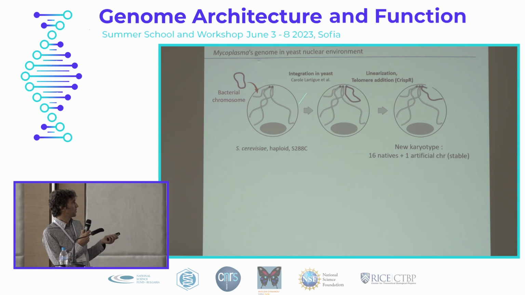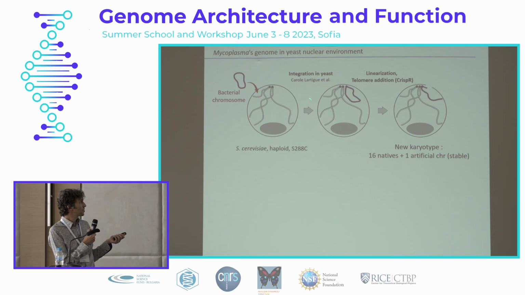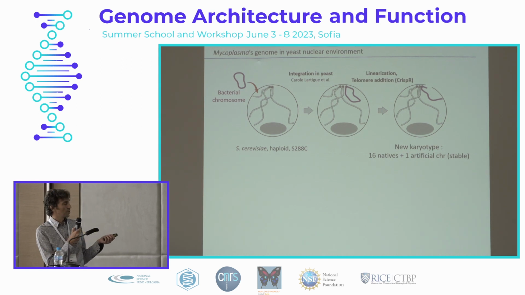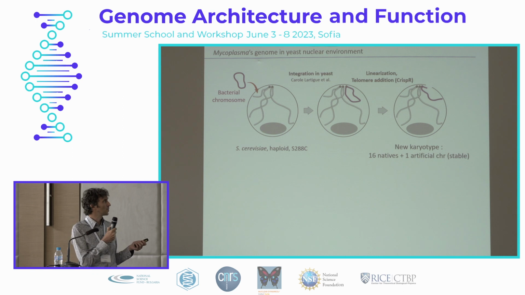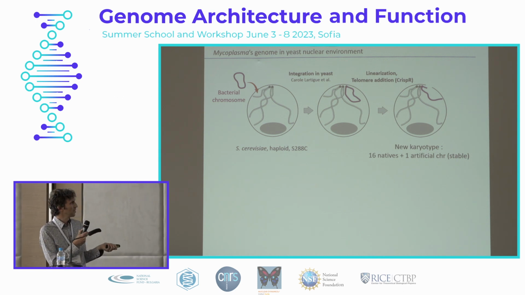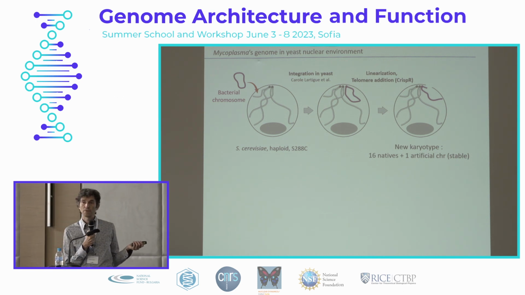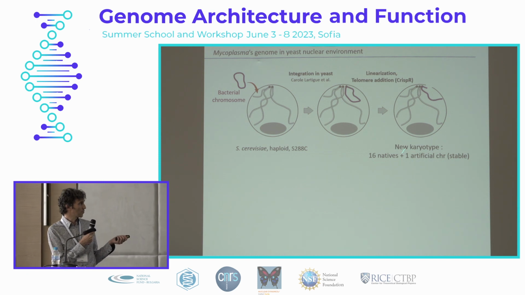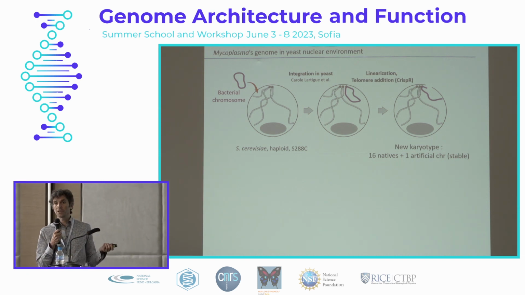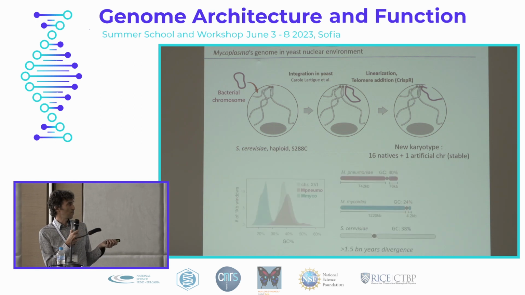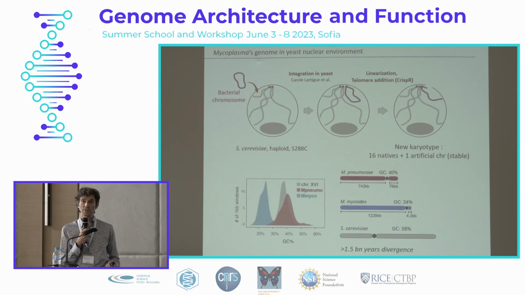I was intrigued by the fact that they cloned large bacterial chromosomes into yeast. After discussing with Carole, we recovered the strains, and we started to linearize the bacterial chromosomes and add a yeast subtelomere, and they also have one yeast centromere. So now we have yeast strains that have the 16 native eukaryotic chromosomes plus one artificial megabase-long stable chromosome coming from a bacterial species.